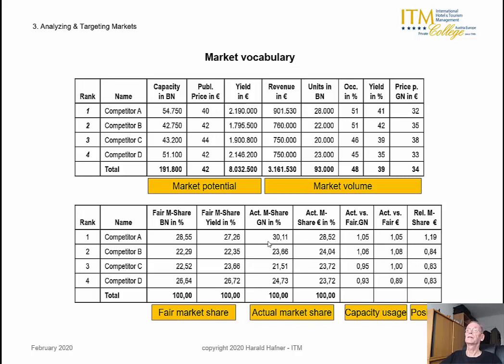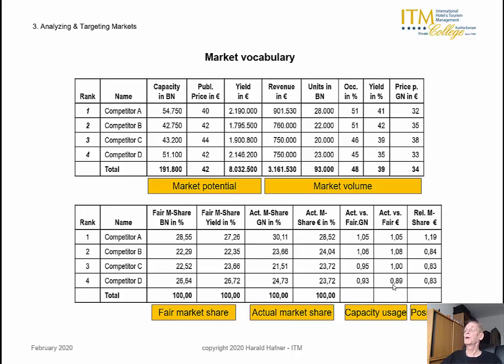And if you divide, for example, for competitor A, the actual market share of 30.11 by the fair market share of 28.55, you arrive at 1.05. You arrive with the same calculation at 1.06 for competitor B, C, and D.